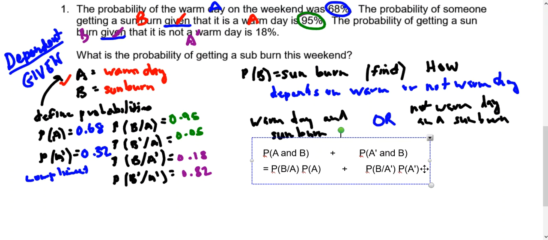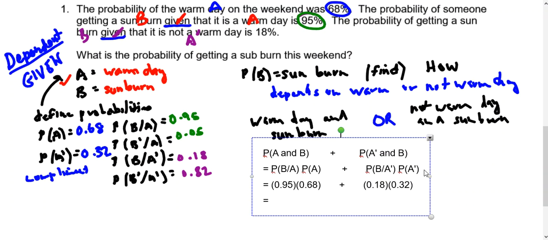Okay, so now I can simply do B given A, which is 0.95 times 0.68, and then I can do A prime, so that's 0.18 times A prime, which is 0.32. So I can find that information pretty easily.